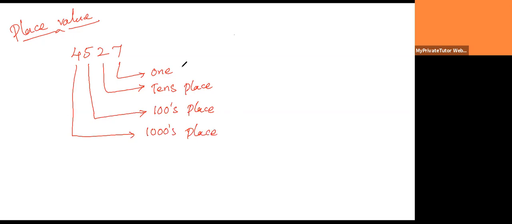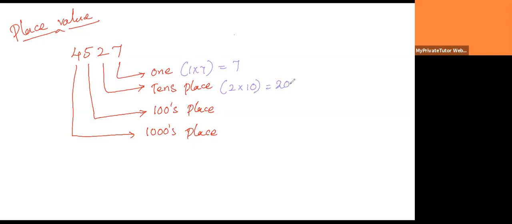Ones place is just straightforward, which is 1 times 7. So the place value of 7 is just 7. The place value of 2 in this number: 2 is in the tens place, so we are going to multiply by 10. So it is 20.